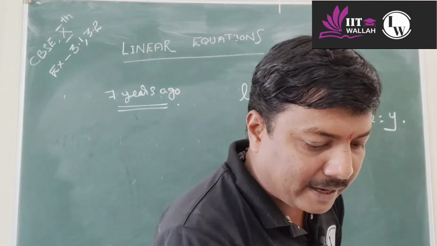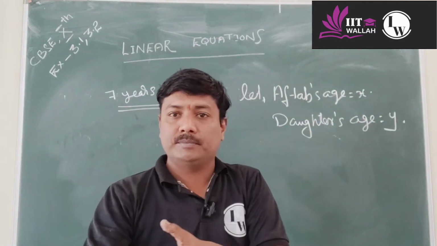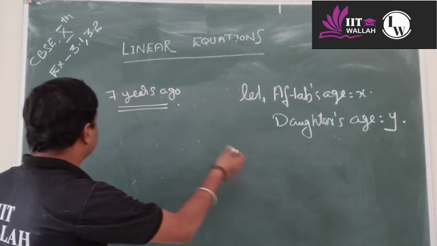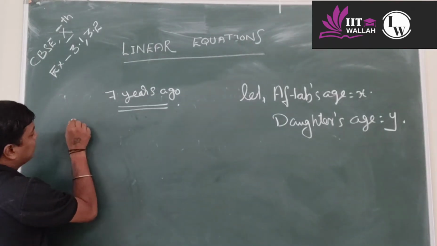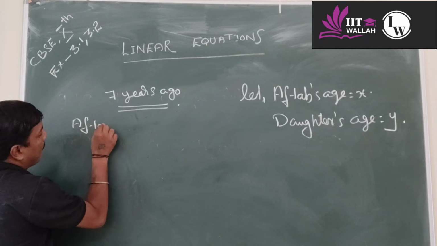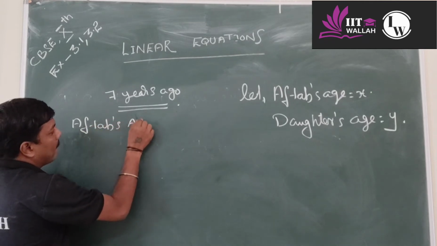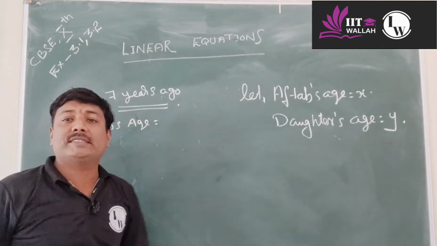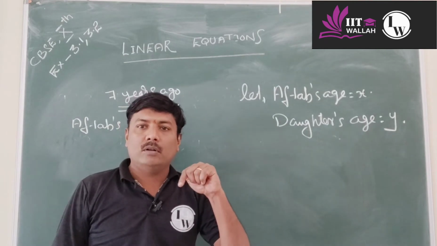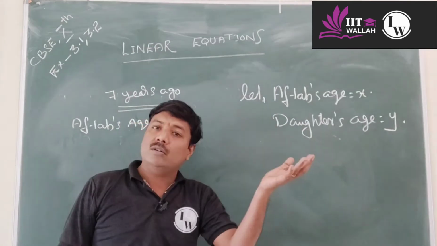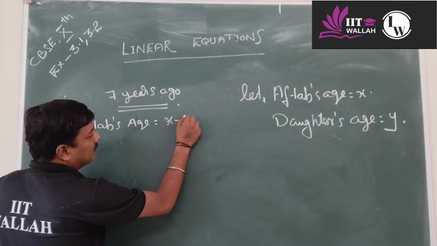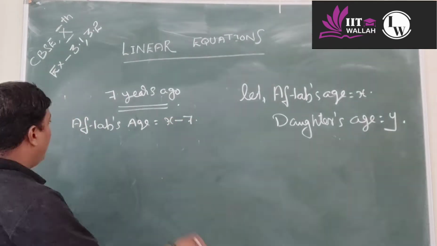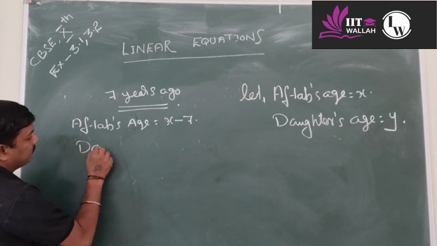That means 7 years ago, what is happening? 7 years ago, Aftab's age. If Aftab's age is X now, what would be his age 7 years ago? X minus 7, very good. X minus 7. And his daughter's age?